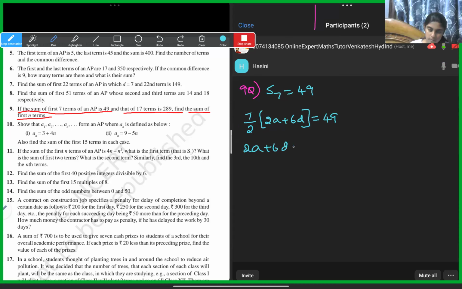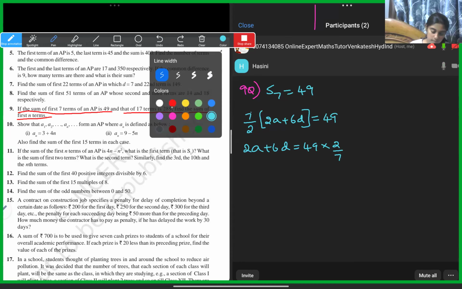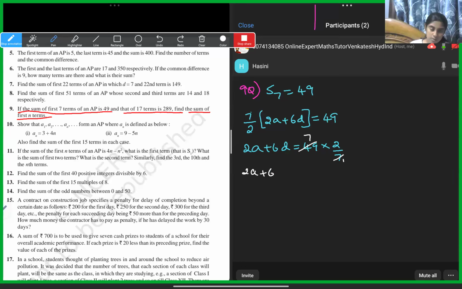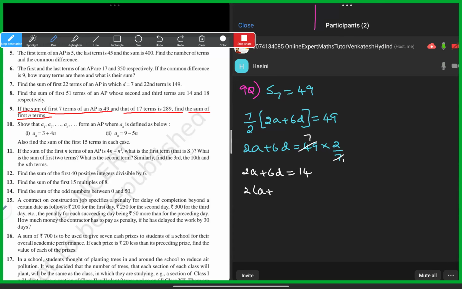So 2a plus 6d is equal to 49 into 2 by 7. 7 sevens are 7. So 2a plus 6d is equal to 14. Dividing by 2, a plus 3d is equal to 7.